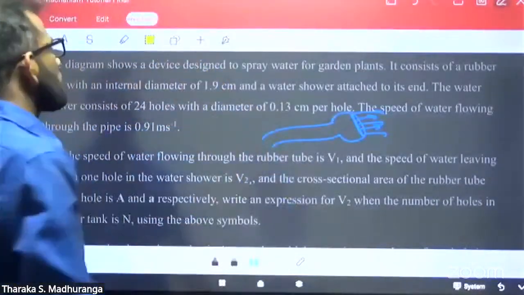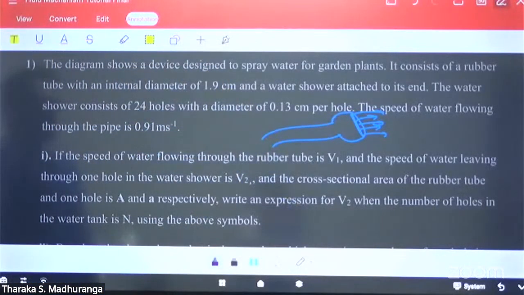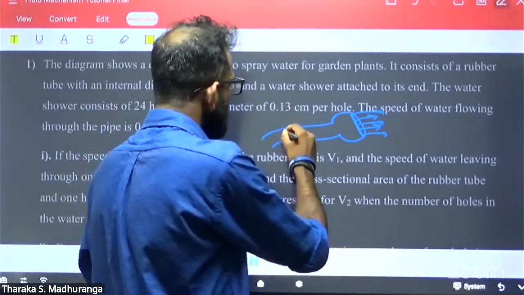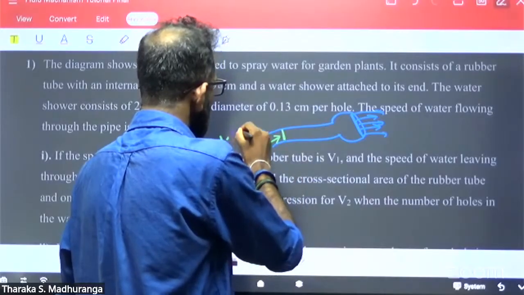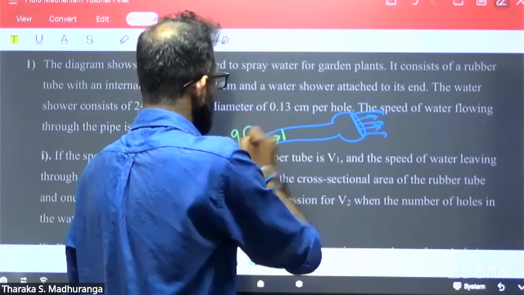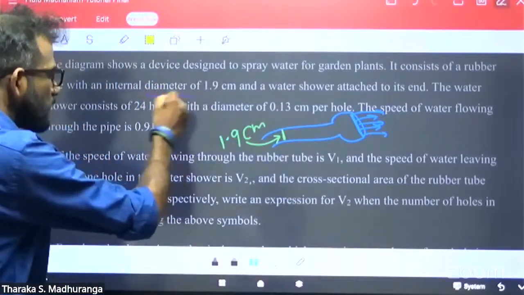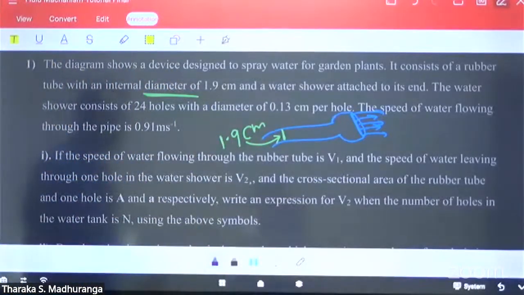The diagram shows a device designed to spray water for garden plants. It consists of a rubber tube with internal diameter 1.9 centimeter. Internal diameter, not the radius, diameter.